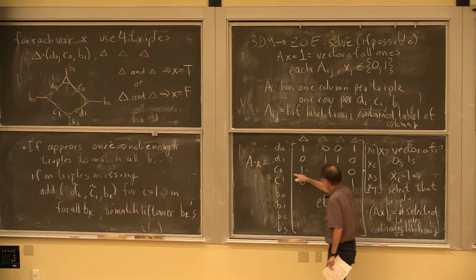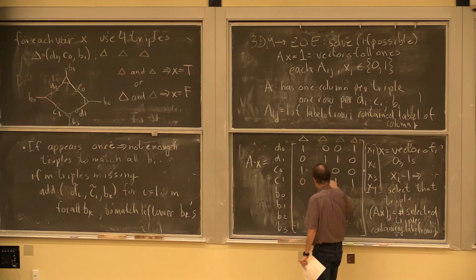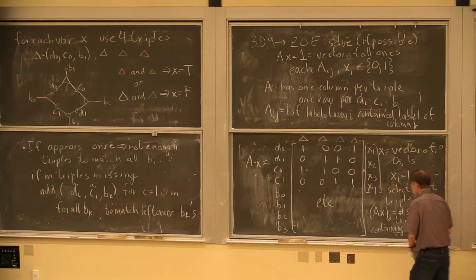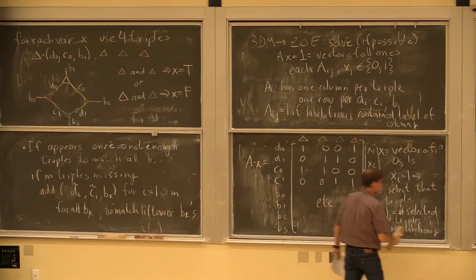So if j is 3, I'm counting how many triples contain C0.